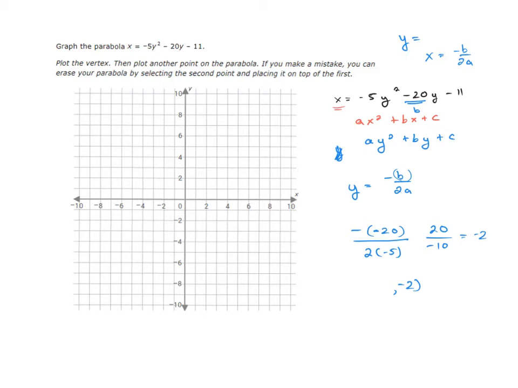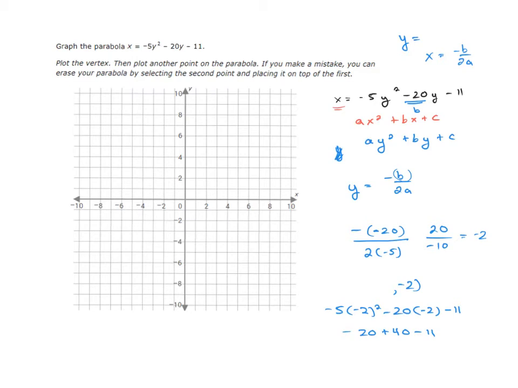Now if I want my x, all I need to do is simply plug in -5, -2 squared, minus 20 times negative 2. I'm just plugging in my y, and I could get my x. I think this is negative 4, negative 20, plus 40, minus 11, 40 minus 11.